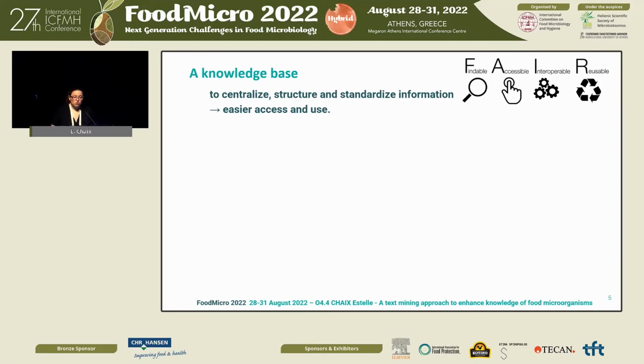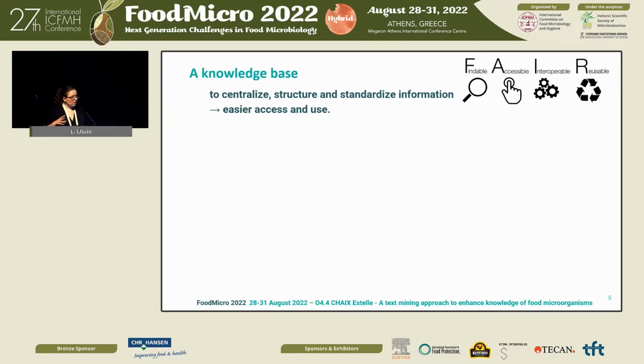So we propose a knowledge base to centralize, structure, and standardize the information that is published in some databases and scientific publications, to provide information that is easy to access and can be reused.